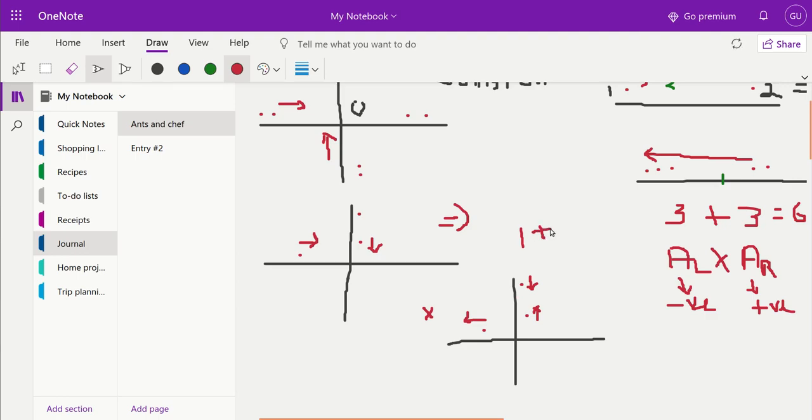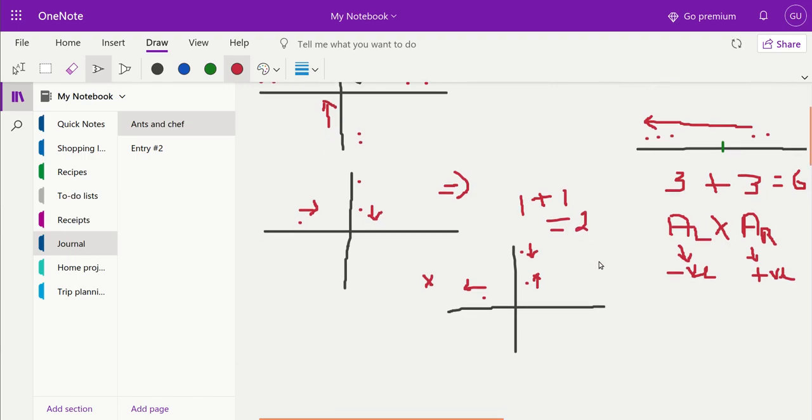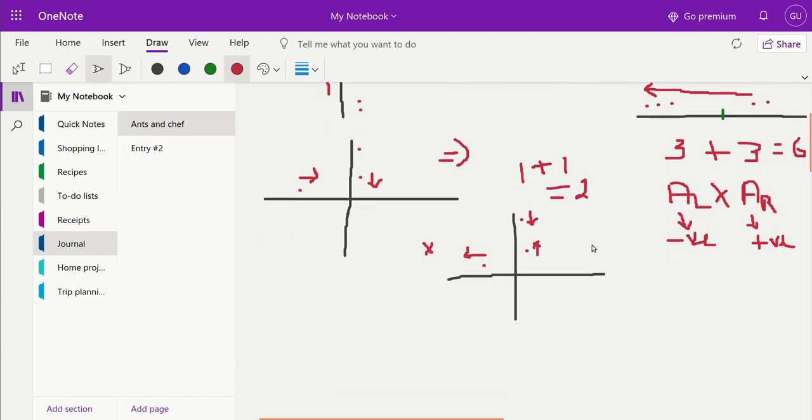So that's 1 plus 1, which gives us two collisions. Now the hypothesis is, if the ants collide at point O, the intersecting point, they have to reverse their direction, because there might be some ants behind them, on this side, with which the current ant can collide. So that's why this ant has to reverse the direction.